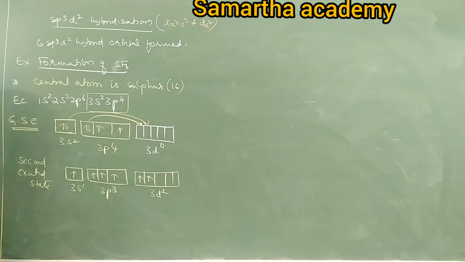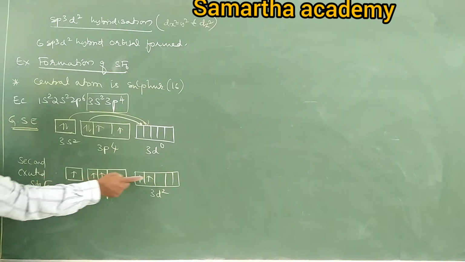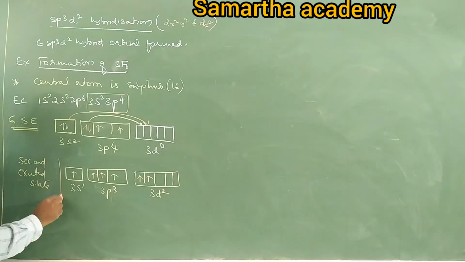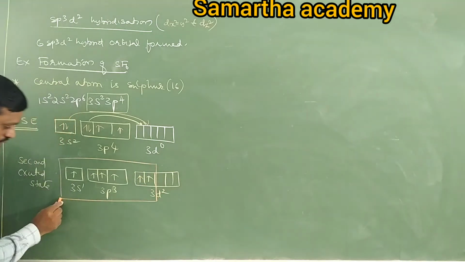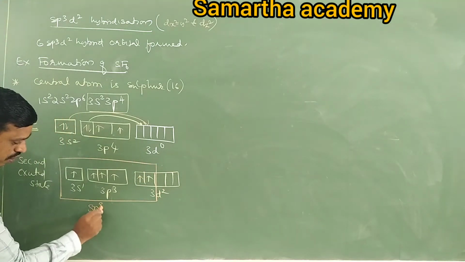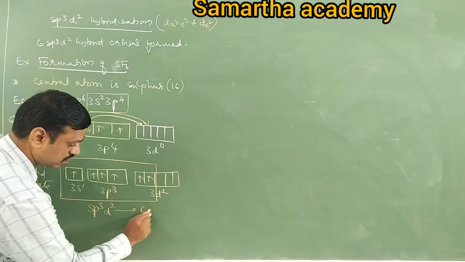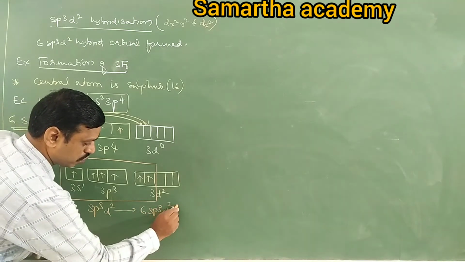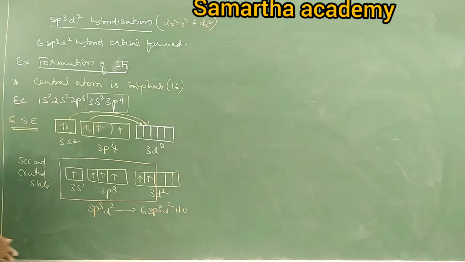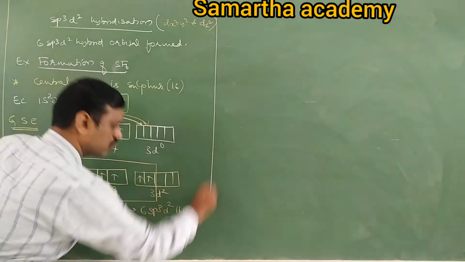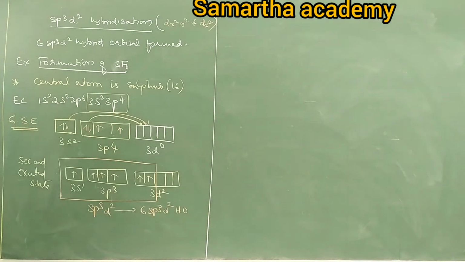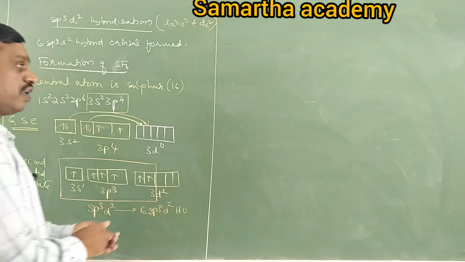Now tell me, in second excited state it undergoes which hybridization? The process of intermixing of s orbital, 3p orbitals, 2d orbitals. It undergoes sp3d2 hybridization. In sp3d2 hybridization it forms how many sp3d2? 6 sp3d2 hybrid orbitals will be formed. Next, here important is how these 6 are oriented, they are placed in octahedral.